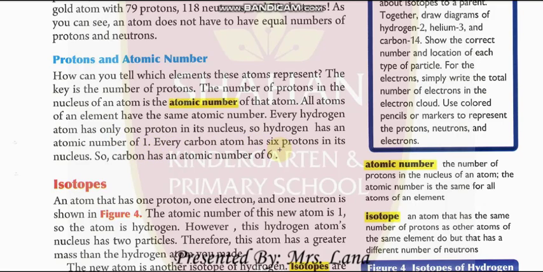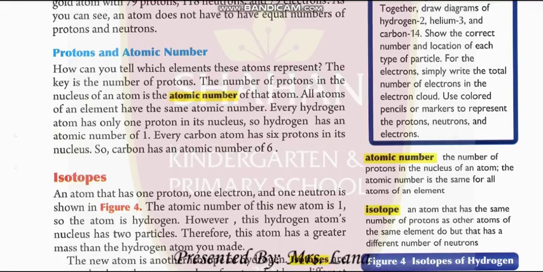Every carbon atom has 6 protons in its nucleus, so carbon has an atomic number of 6. The atomic number is the same for all atoms of an element.